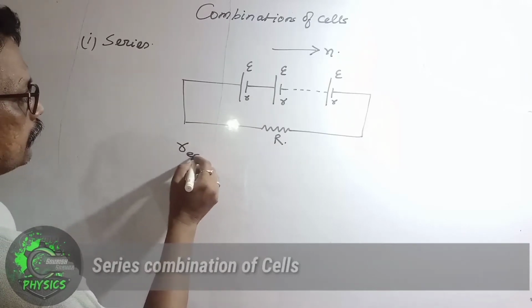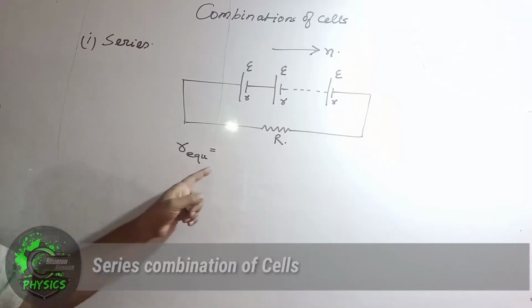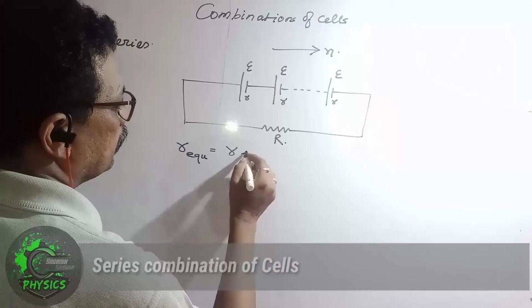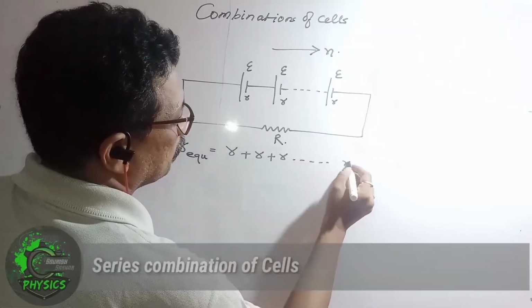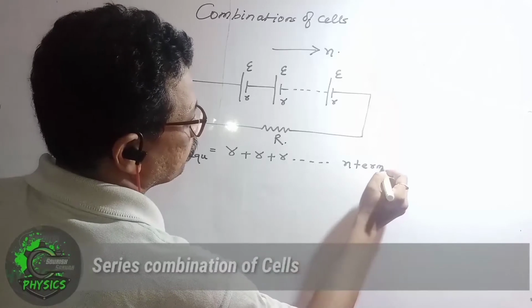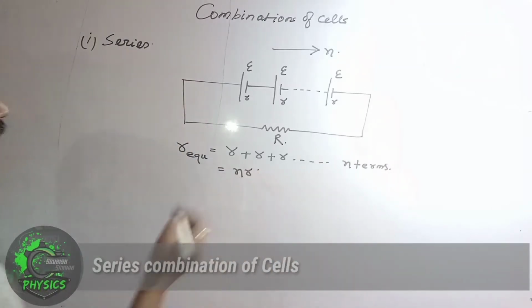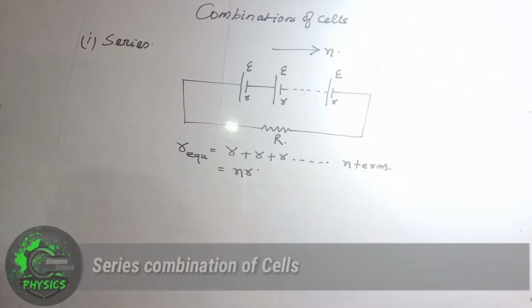So what is the equivalent internal resistance? R equivalent, the equivalent internal resistance, is r plus r plus r, so on up to n terms. So the result is nr. So equivalent internal resistance is equal to nr.